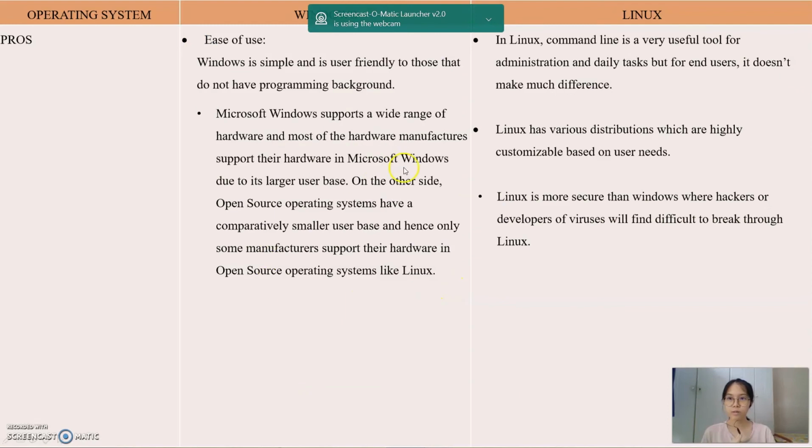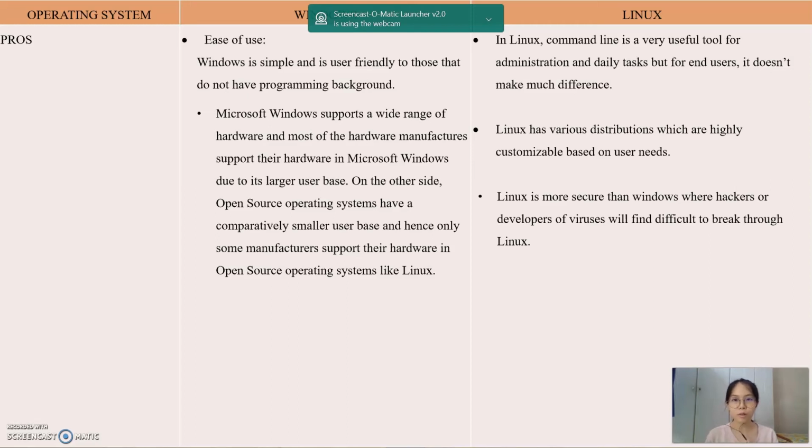So I would like to discuss the pros and cons of Windows 10 and Linux. Windows 10 is easier for us to use because it is simple and user-friendly to those that do not have a programming background.